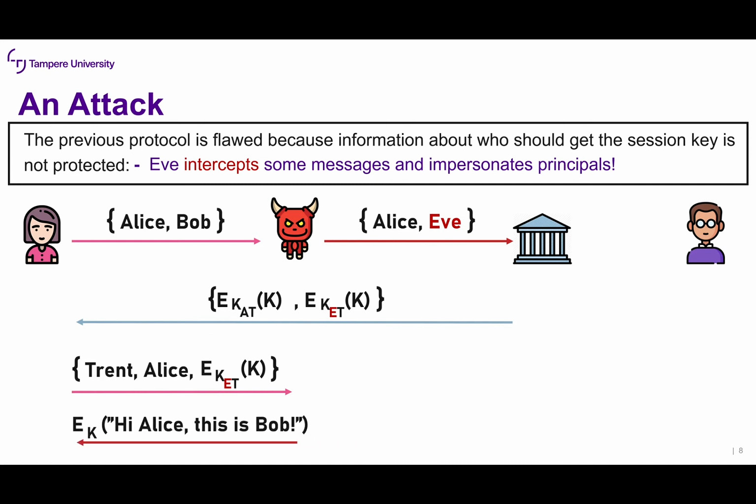She gets access to K, the session key, and then she can contact Alice and pretend that she's Bob, sending her the message, "Hi Alice, this is Bob," encrypted with K. So Alice would be fooled because she thinks that only Bob and Trent know K, and since Trent, the TTP, is fully trusted, he wouldn't do anything malicious. So Alice thinks the message was sent by Bob, while in reality it is sent by Eve.